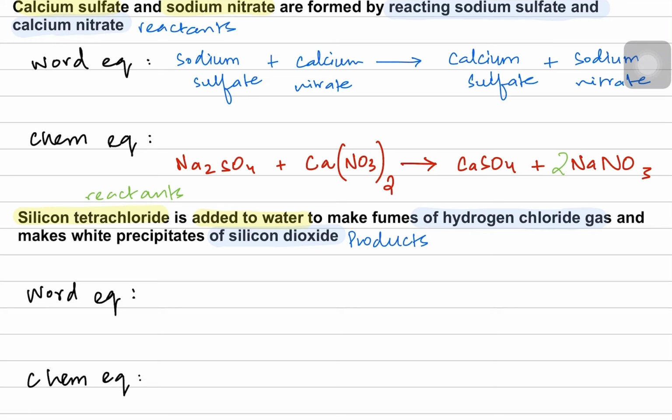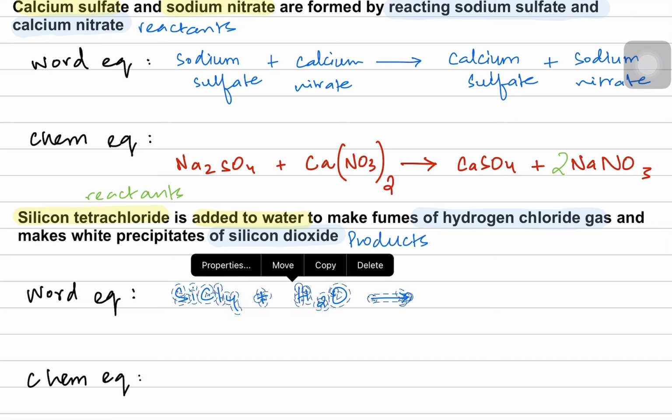Silicon tetrachloride should have a formula of silicon, and tetrachloride means 4 chlorides. So just one silicon and tetrachloride, plus, added to water means H2O, then arrow. This should have been the word equation.